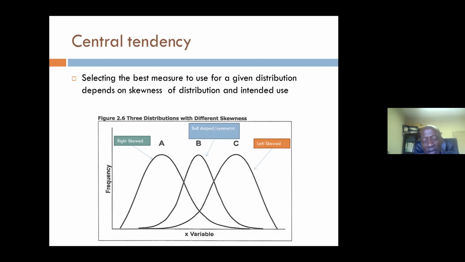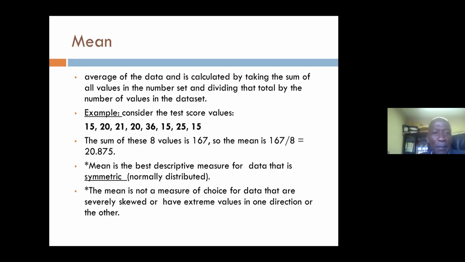So it's usually advisable, when you're dealing with continuous data and you want to decide on the measure of location to use, to first have a graphical presentation of that data so that you have a feel of the way your data is distributed. And that can inform you of the appropriate measure of central tendency to use.